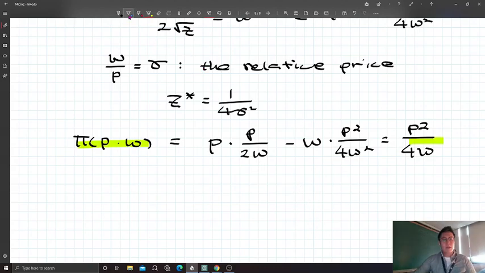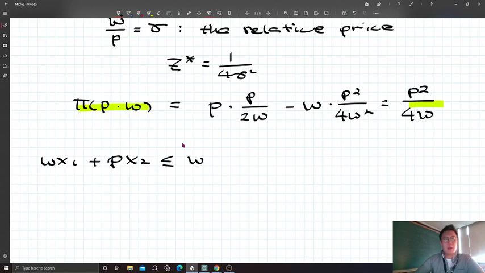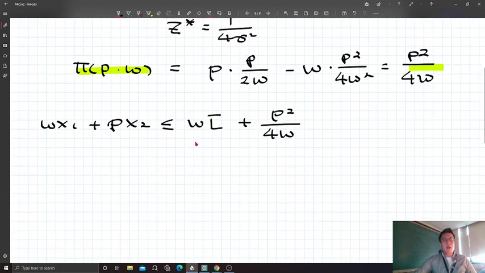Then the budget constraint of a consumer is going to be w x1 plus p x2 should be lower than w L bar plus p squared over 4w. And then let me normalize this. Let me divide both sides by p.